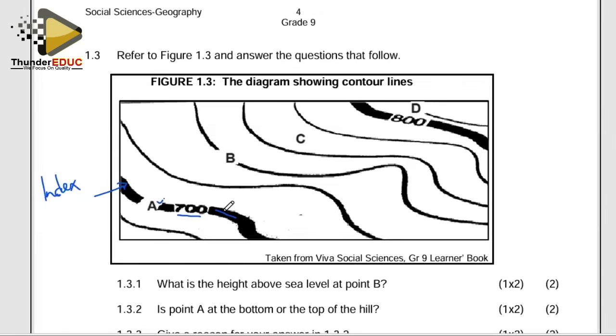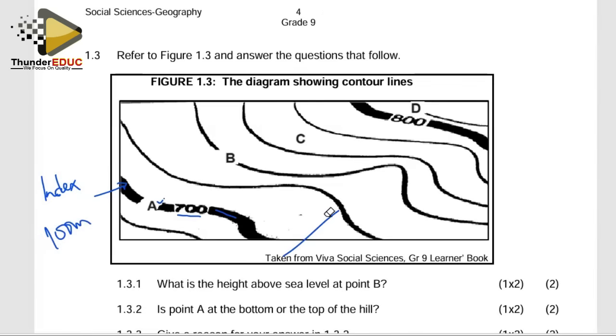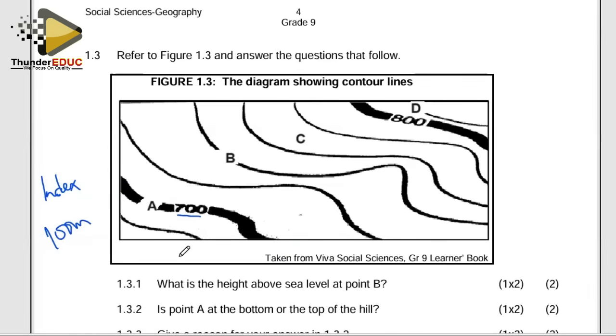The difference between these two index contour lines is 100. 800 meters minus 700 meters gives us 100 meters. And between those two index contour lines, how many contour lines are there in between? If we count, starting from here, 1, 2, 3, 4, and 5, the 800 one.